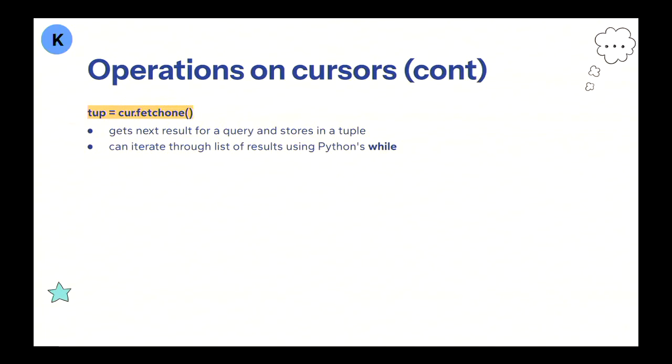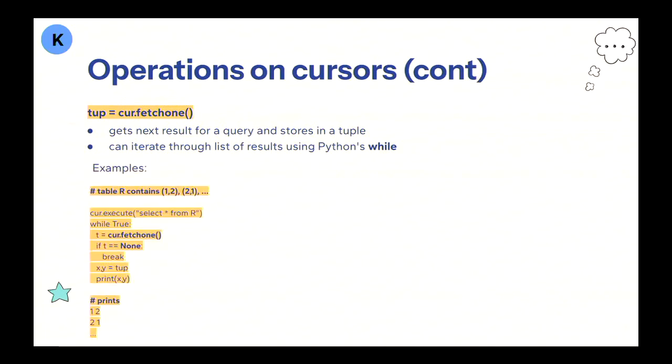We can use a while loop to iterate through them. Every time we fetchone, which gets the next result returned by the database. And when we reach the last result, it will return null, which is None in Python. So this is fetchone.